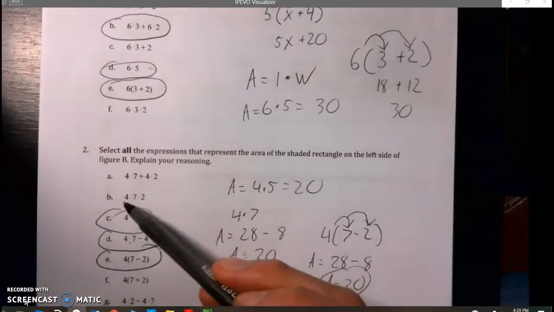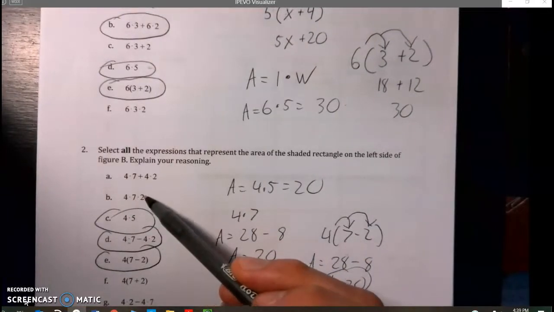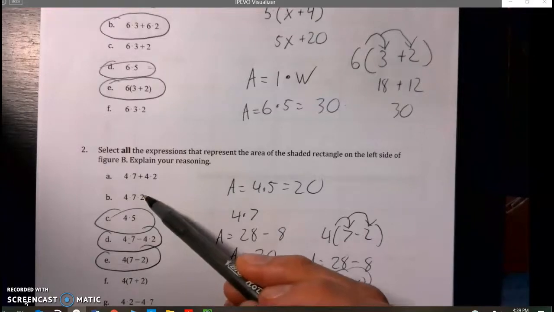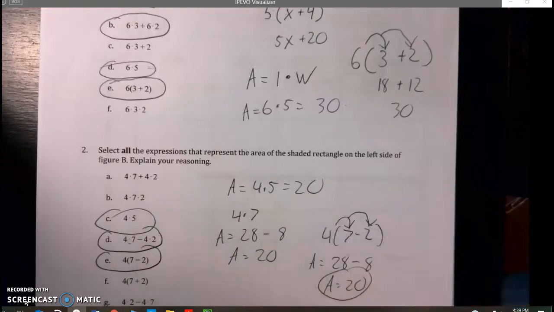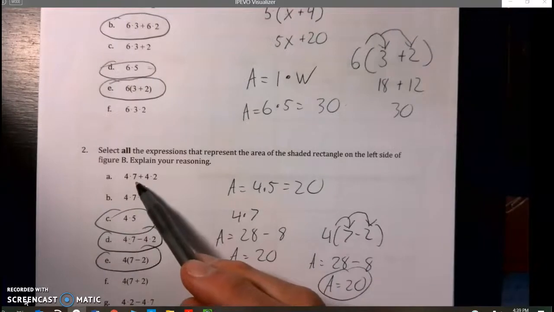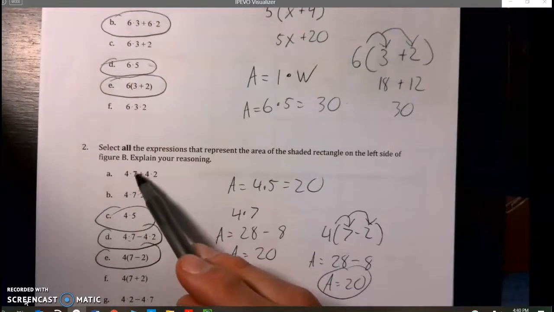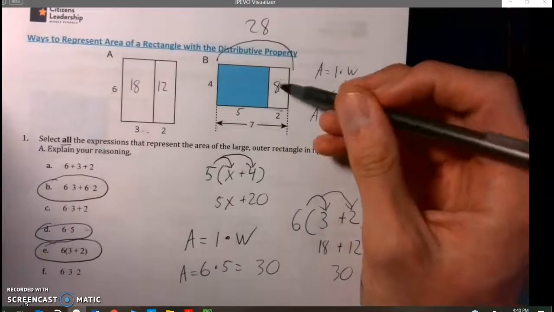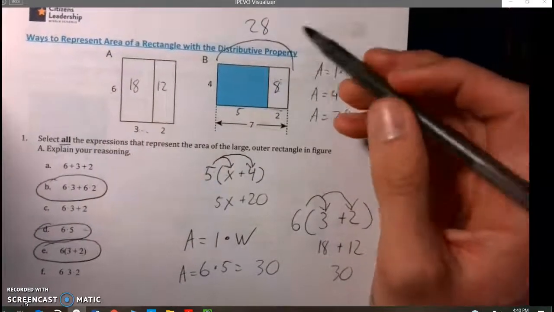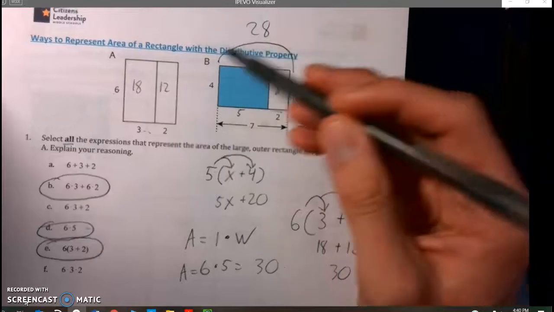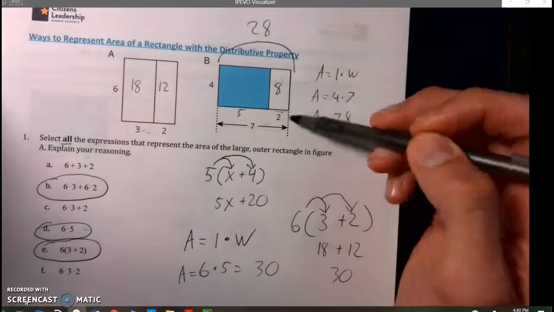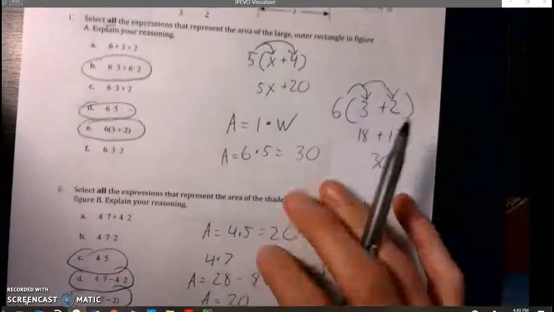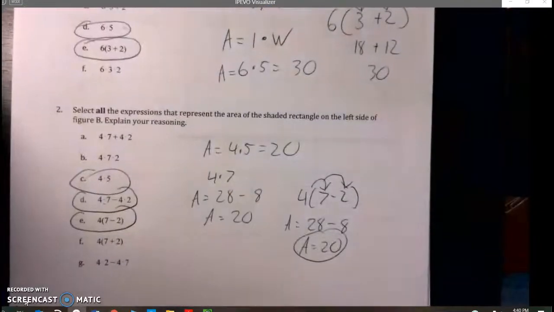And here, 4 times 7 is 28 times 2 is 56. So that would not give us that area of 20 that we've been looking for. And once again, here, this would be finding the area of the whole thing. 4 times 7 is 28. And then adding this area on top of it. So if 28 is already the area of this whole thing, including this, we would not want to add this again. So that's why C, D, and E were the only answers that made sense there.